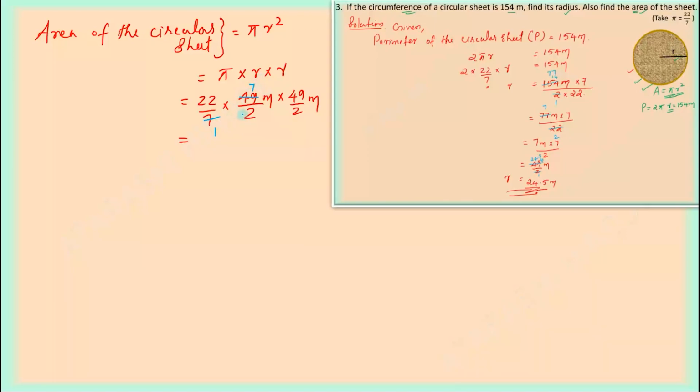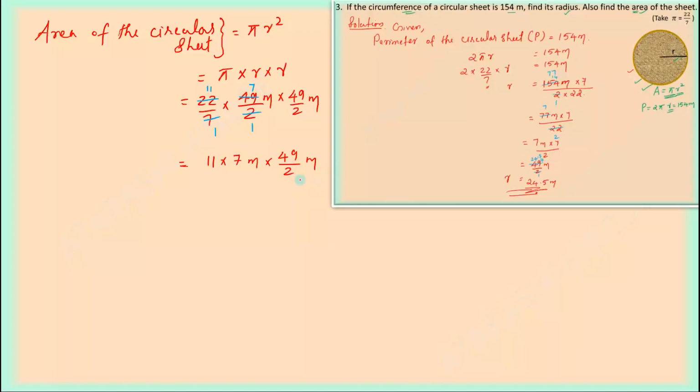Here also 2 and 22, we can divide both by 2. 2 divided by 2 is 1. 22 divided by 2 is 11.